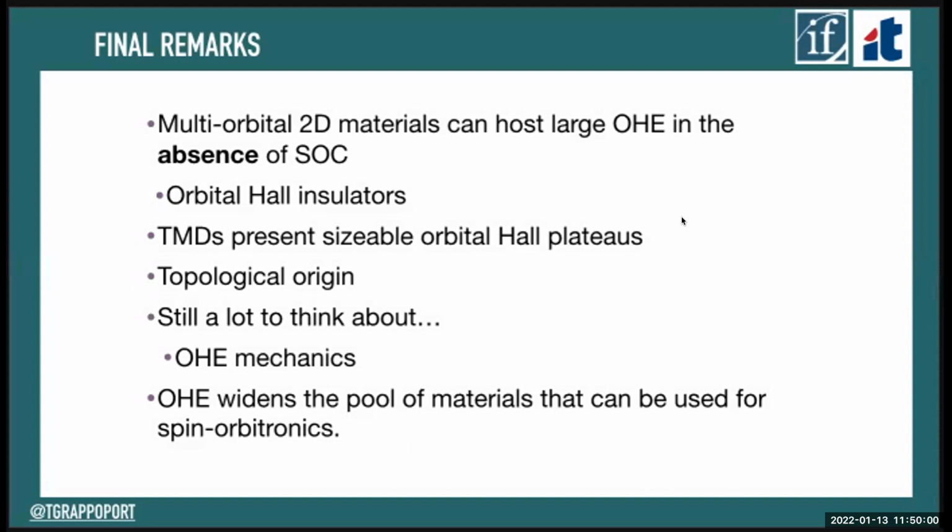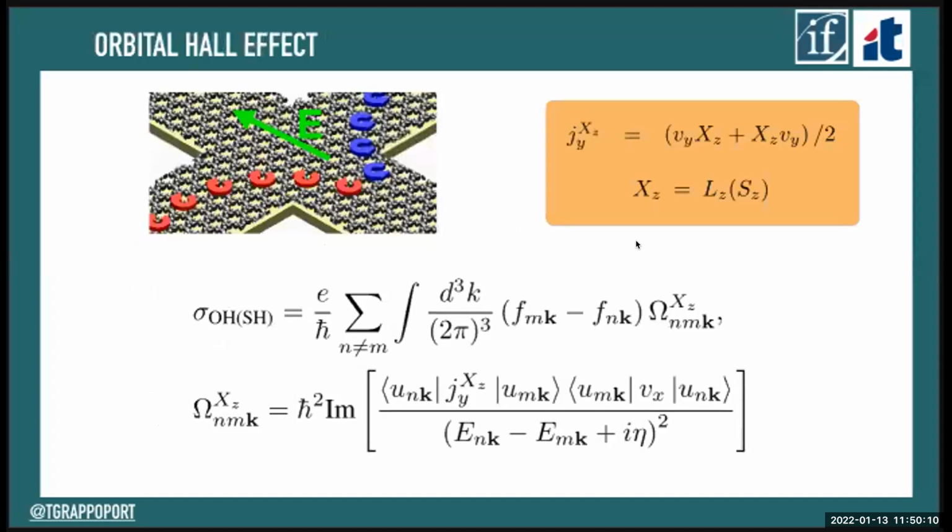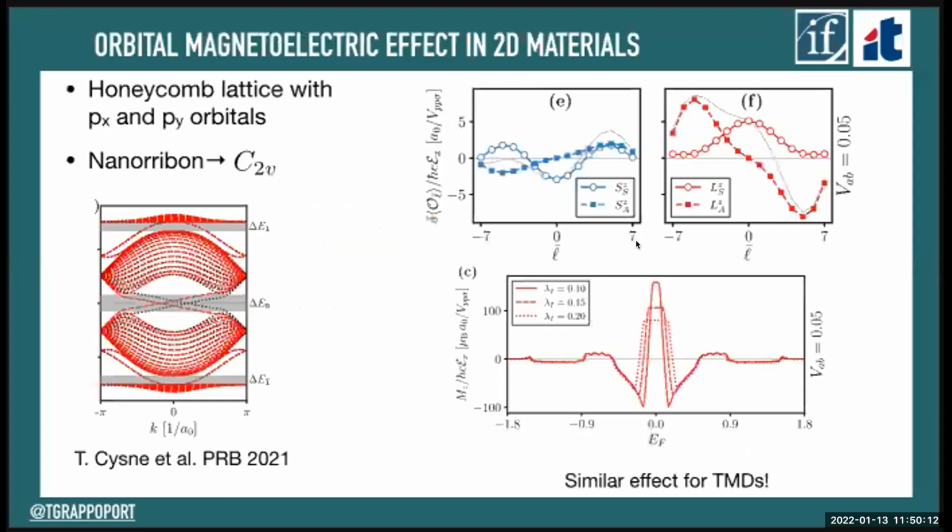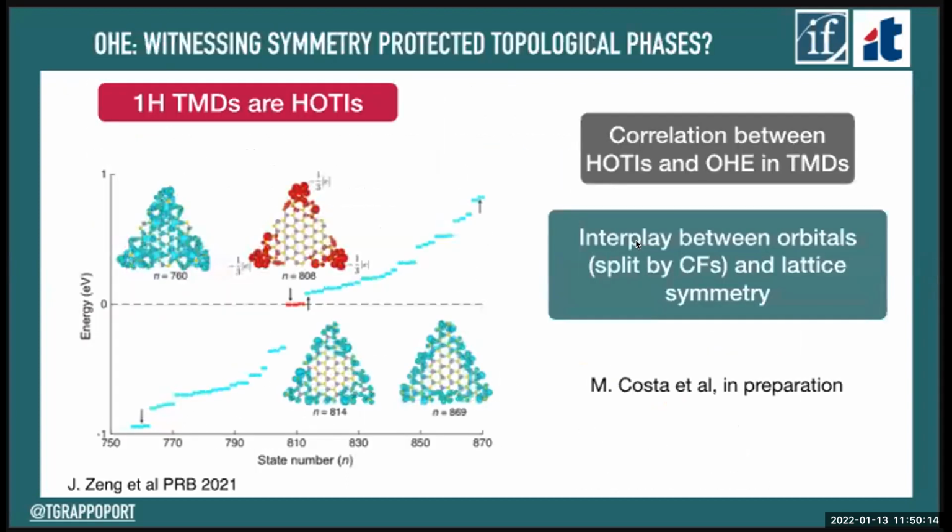When you show the 1T phase of the MoS2 has fraction of charge in the corners, how do you calculate that? No, this is the H phase actually. It's the normal phase, the most common phase. Okay, 1H.